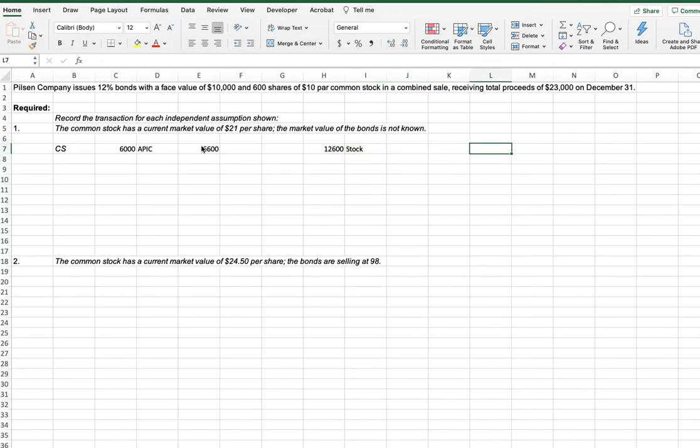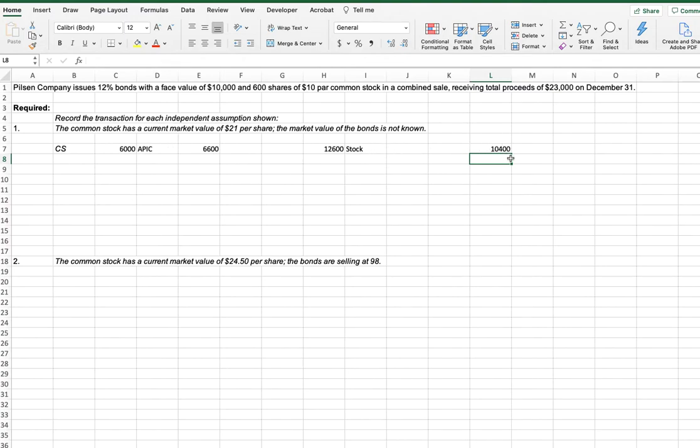So we could then say 23,000 minus that 12,600 is 10,400 that will be allocated towards the bond. And we see that the bond has a face value of 10,000. So that shows us that we must have a premium of $400 on this bond.